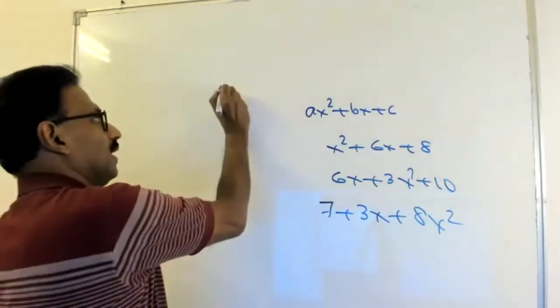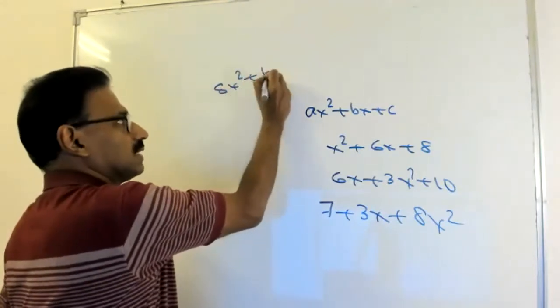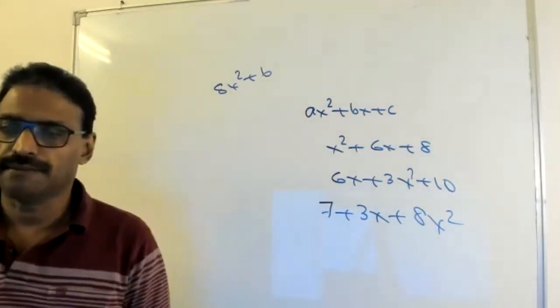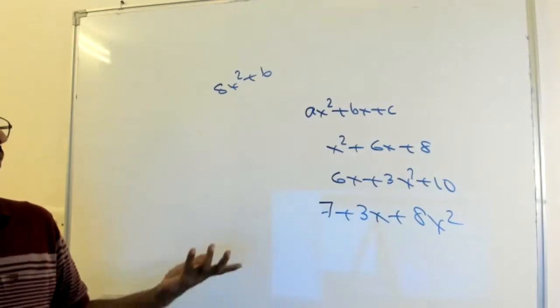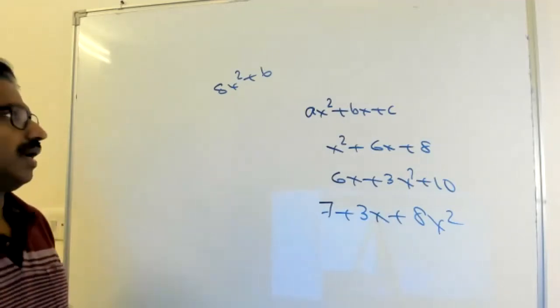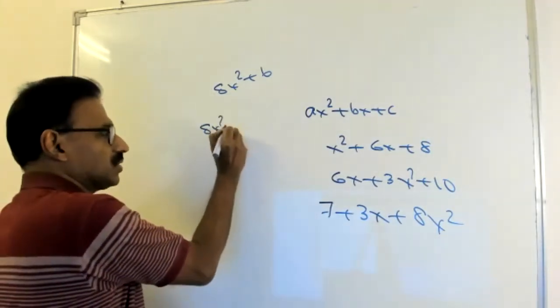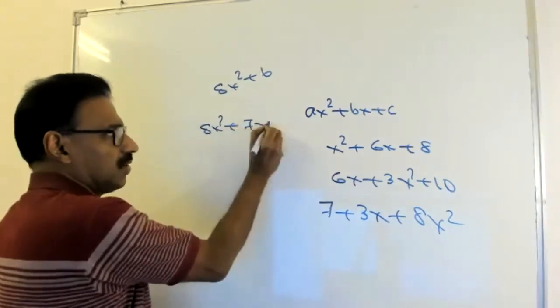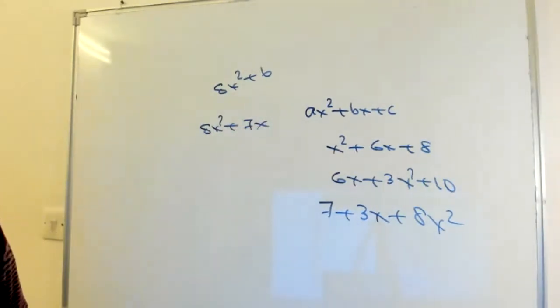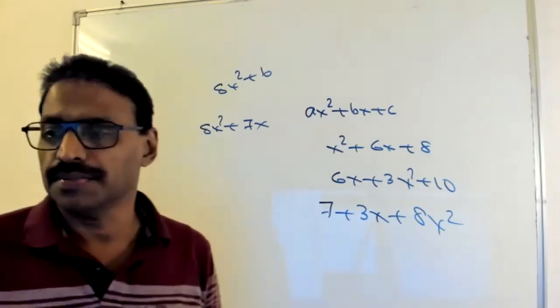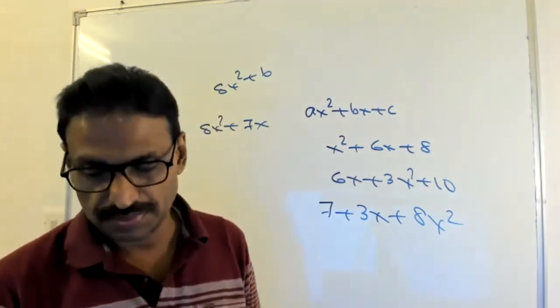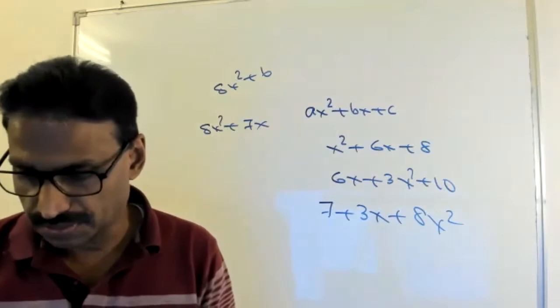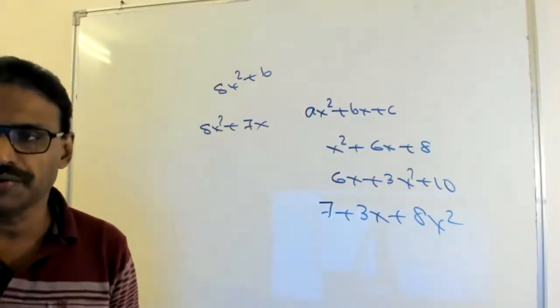Okay, now another question. 8x square plus 6. What is B? 0. Okay, right? 0. And 8x square plus 7x. What is C? 0. Right? 0, because there is no such term. I hope everyone is okay with that part.